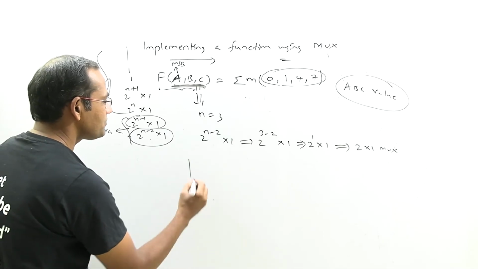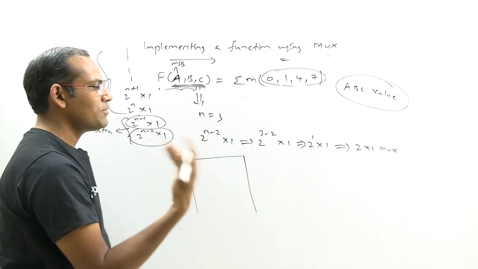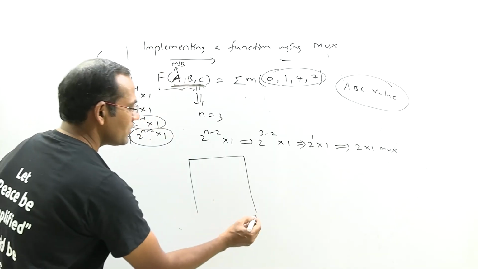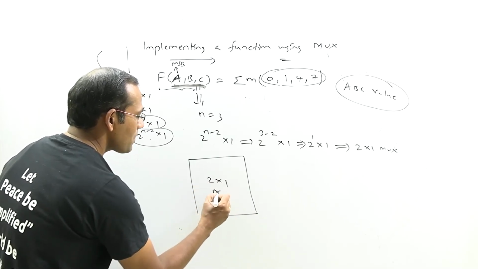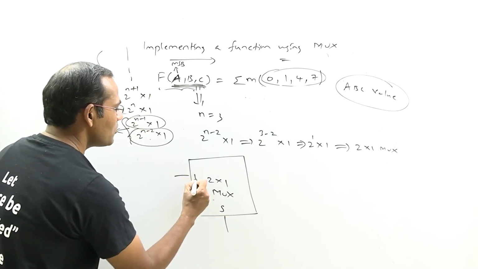The procedure is similar to the previous procedure. Take a 2 by 1 mux. Only one selection will be there, and only two inputs.